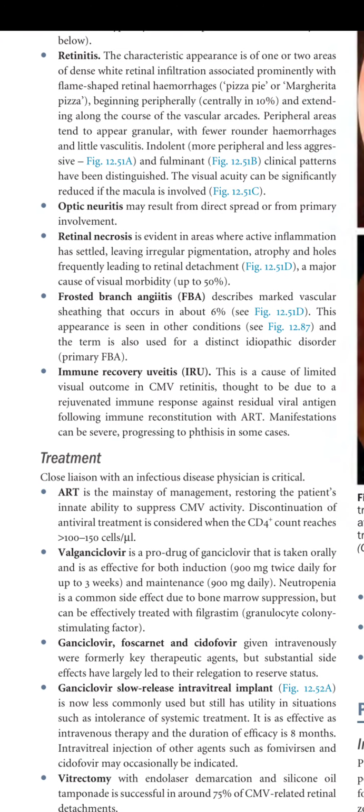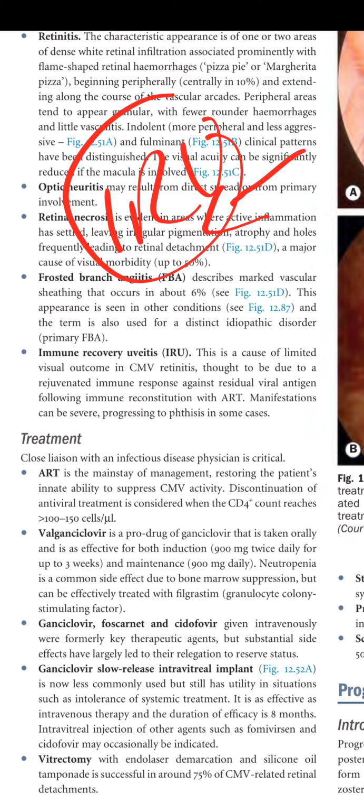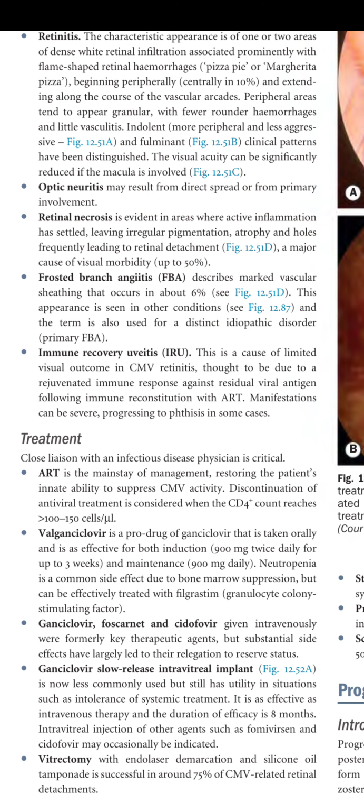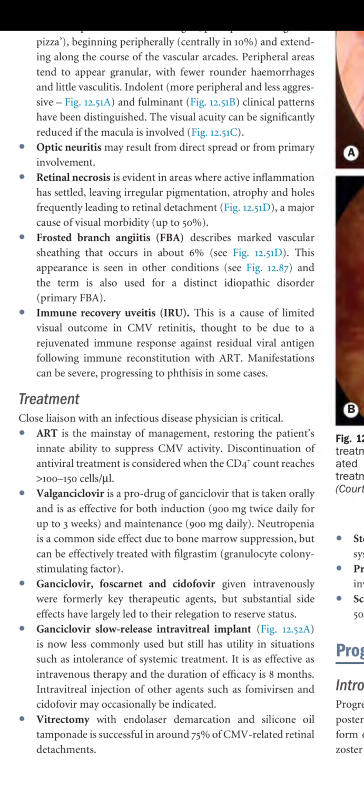Next is immune recovery uveitis, which is known as IRU. Basically, when you give the medicine to the patient, due to the response, it further aggravates the inflammation. This is a cause of limited visual outcome in CMV retinitis, thought to be due to a regenerated immune response against the residual viral antigen following immune reconstitution with ART.